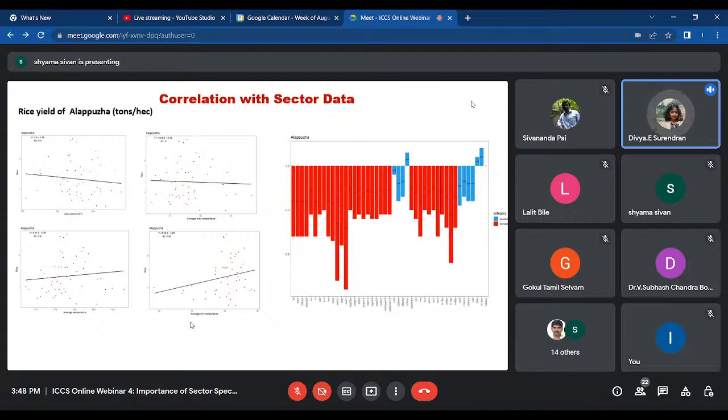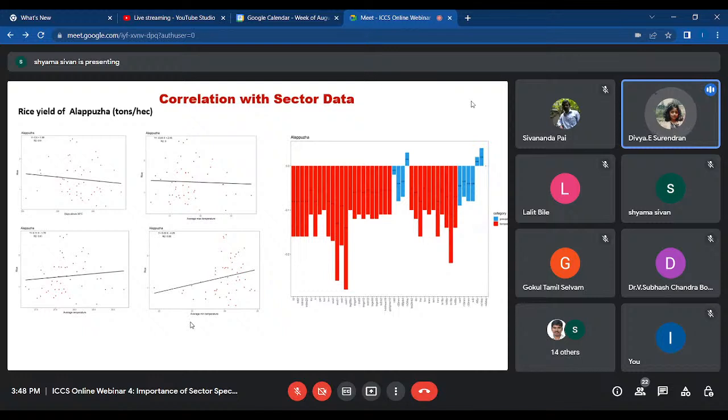This data I have taken from the internet. So if we have sector data and climate data, in this way you can compare how indices are related to the different sectors, whether, if there is an increasing warm spell duration, there is any increase in rainfall above the national average.